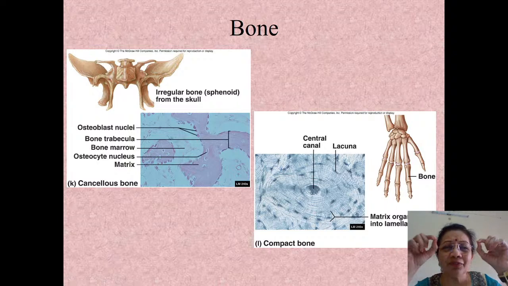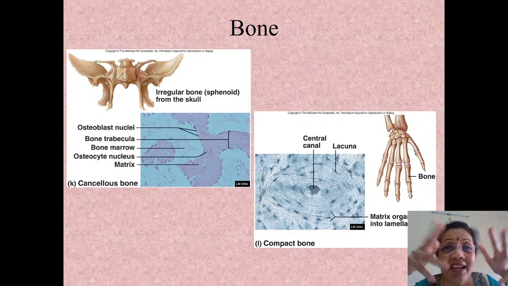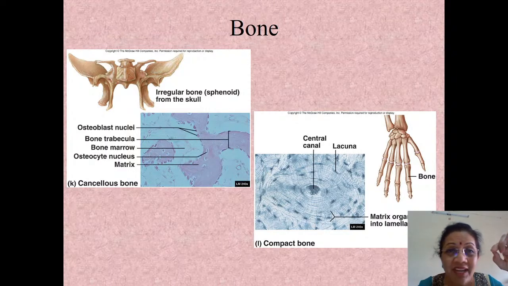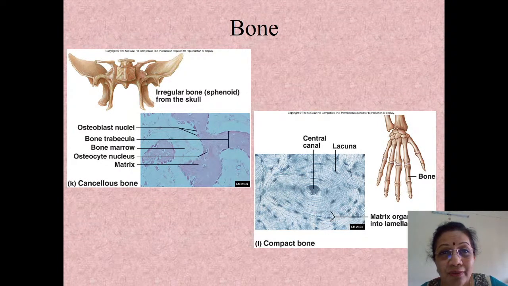So very fine capillary branches fill up these ray-like interconnections between the lamellae of matrix, between the rows of lacunae which contain the osteocytes of each osteon.